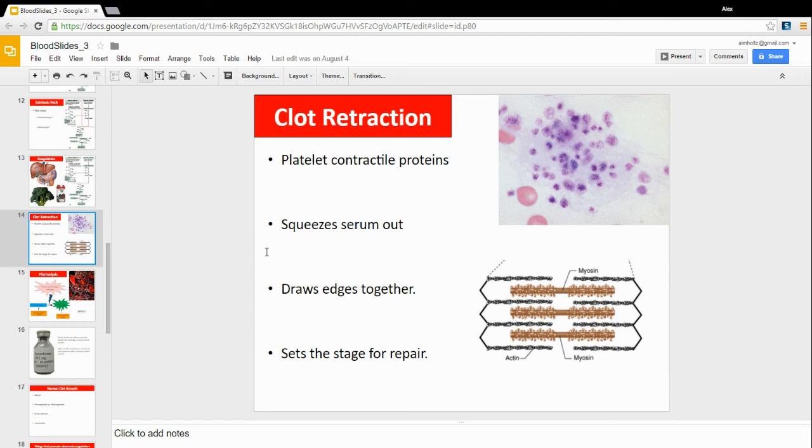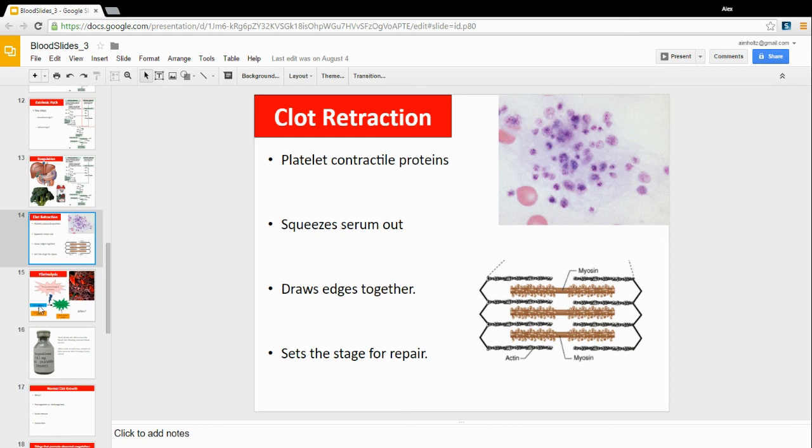And the contractile proteins in the platelets within the mesh of the fibrin of the clot, they contract, they retract, they squeeze. And they squeeze out some juice. The juice is called serum. This also makes the wound smaller. The edges of the wound get drawn closer together, which makes it less likely to break and makes it easier for connective tissue, smooth muscle, and epithelial tissue to grow and recover the damaged area.